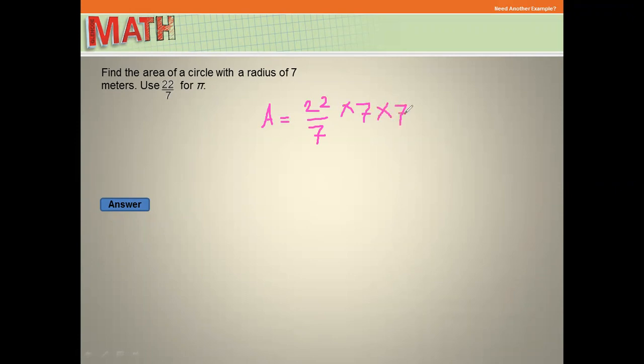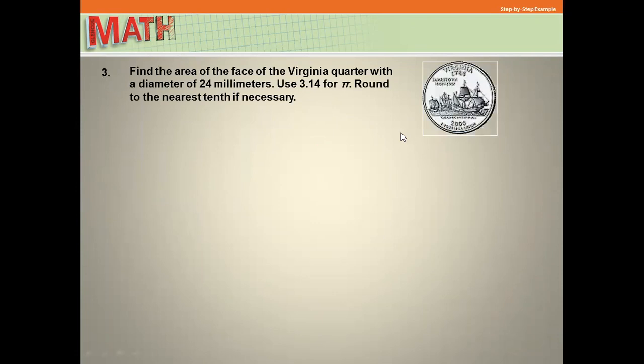Now I can simplify before I do the multiplication. 7 divided by 7 is 1, 7 divided by 7 is 1. Now I can multiply 22 times 1 times 7. 22 times 1 is 22. 22 times 7 is 154 meter square. So this is the area of this circle.